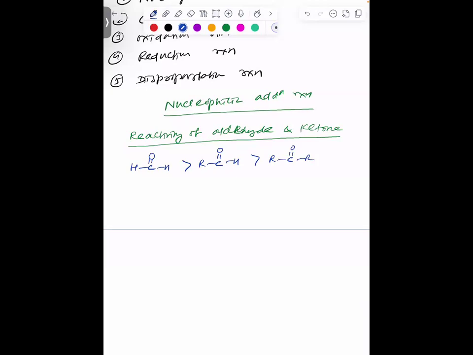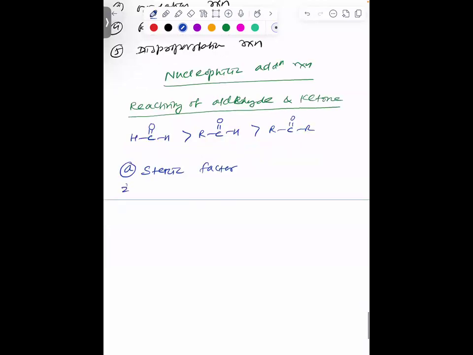So how to decide the reactivity order? What are the points related to the reactivity order? There are two major factors. First is steric factor.